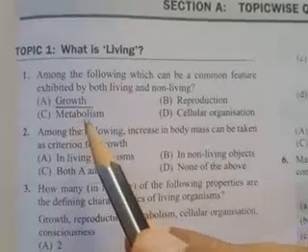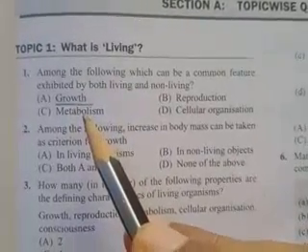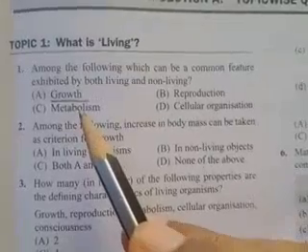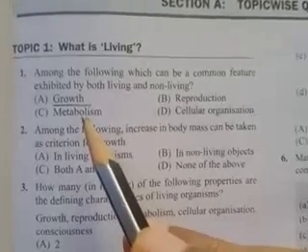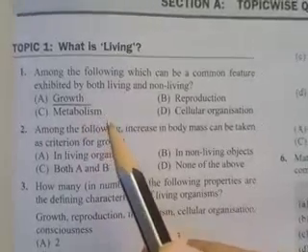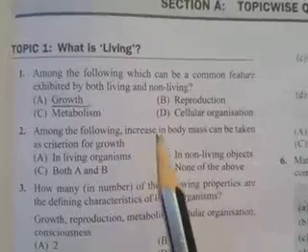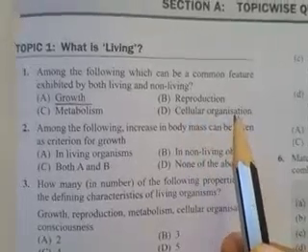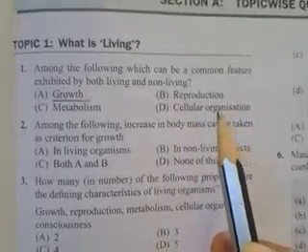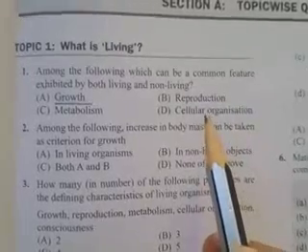Next, metabolism. It is also a cellular process. In the living system we observe metabolism, which includes catabolism and anabolism. We have studied that. Next one, cellular organization. All living beings are made up of cells, what we discussed, right?